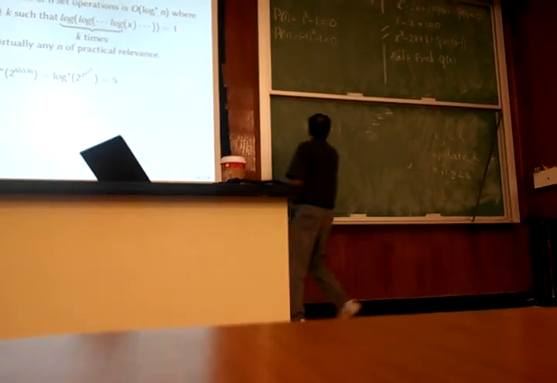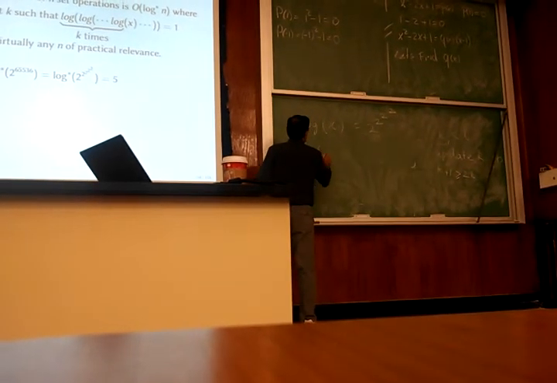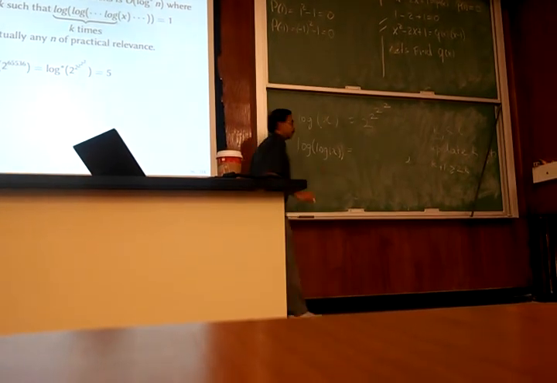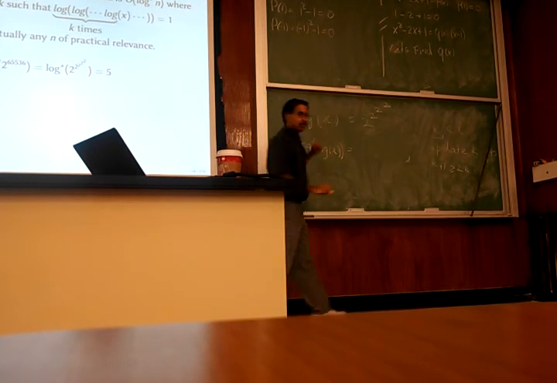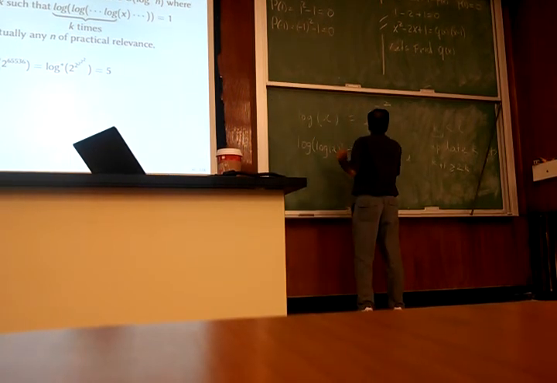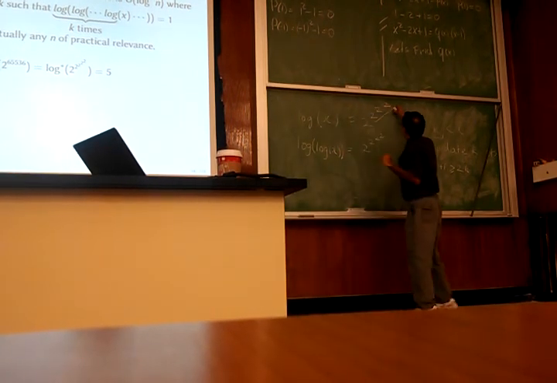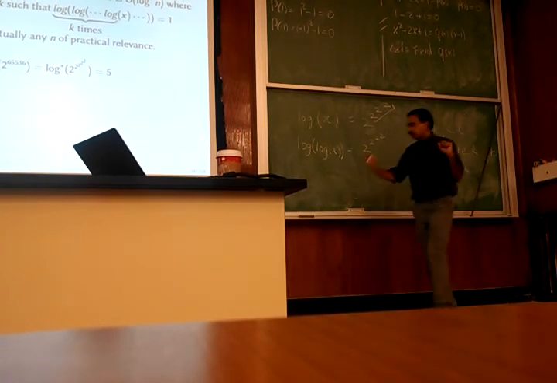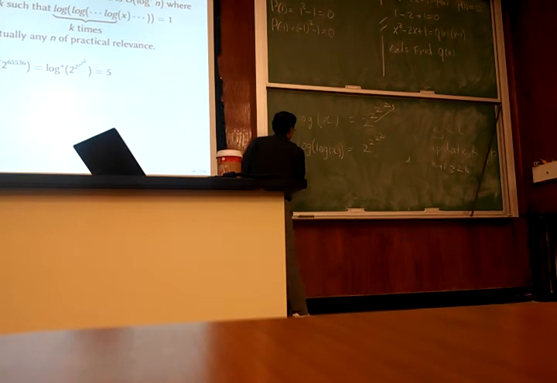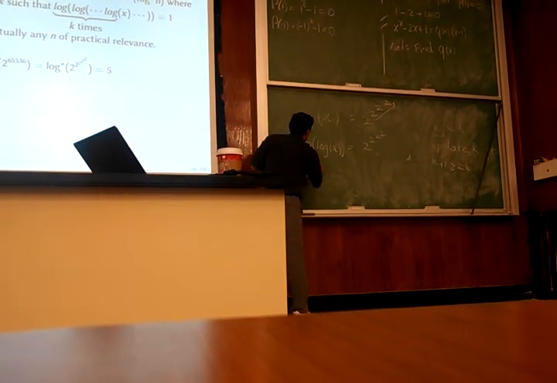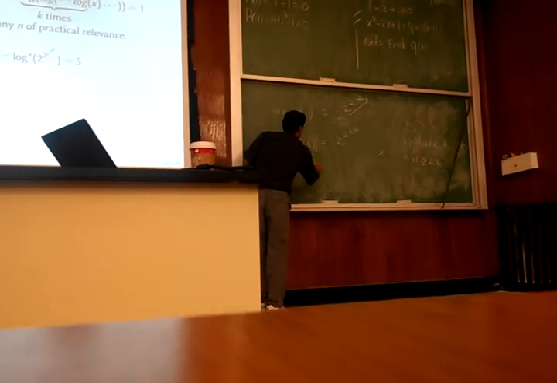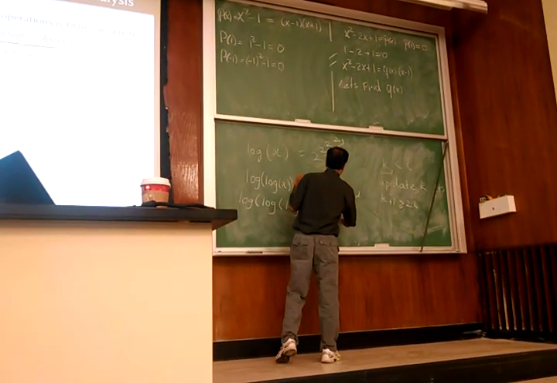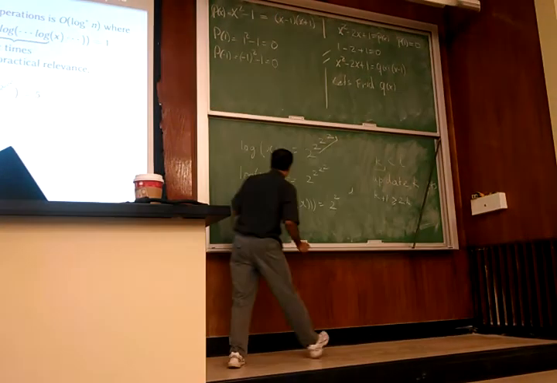So if you do log x, then we'll get 3 2's. Again, when we take the log of that, we just pick up that, and if you do log, then we'll get 2 to the power 2.